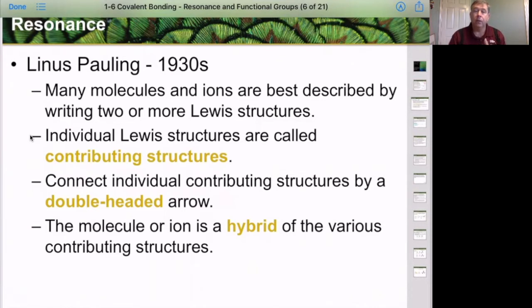The molecule or ion described by two or more of these structures is what we call our hybrid Lewis dot structure, which is all of our contributing structures to the system.